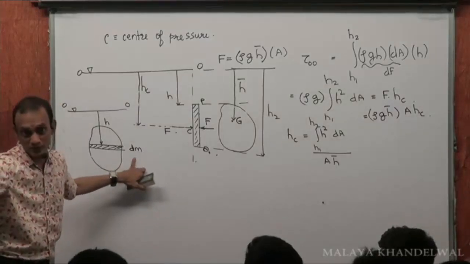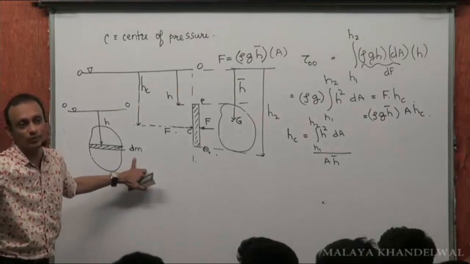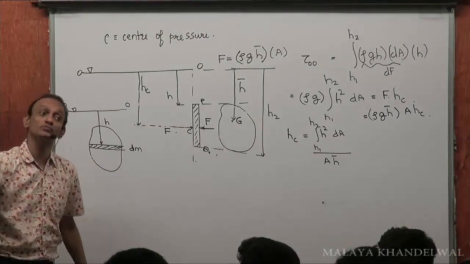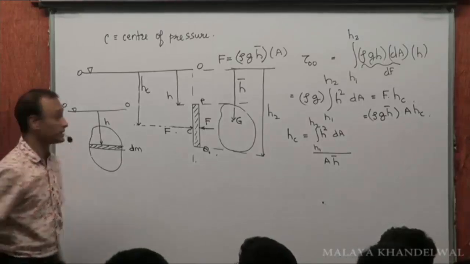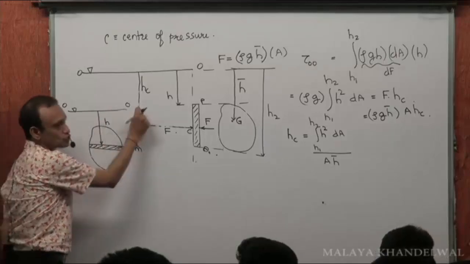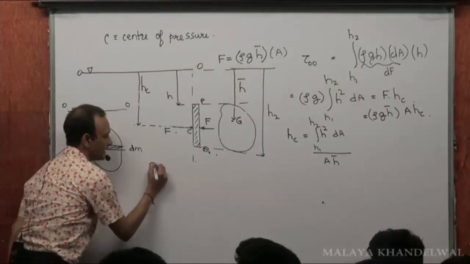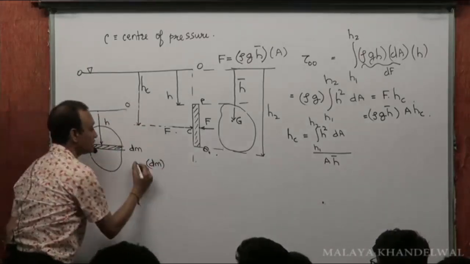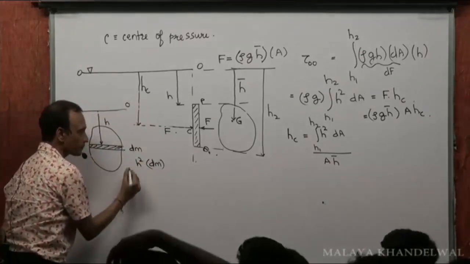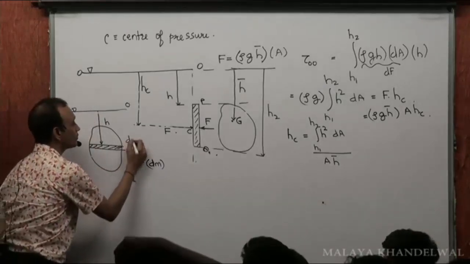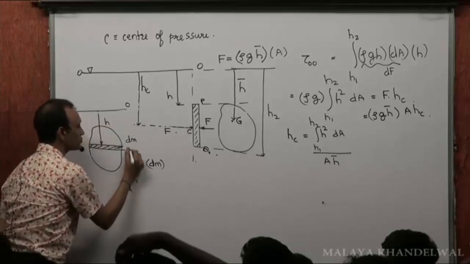Right? Now let's be more specific. You wonder what else moment of inertia could be. The moment of inertia that you have used and known is moment of inertia of mass. Moment of inertia of the various mass elements that constitute this about OO is going to be what? dm, take a mass element, about this axis into h squared, sum it up, where h runs from h1 to h2.